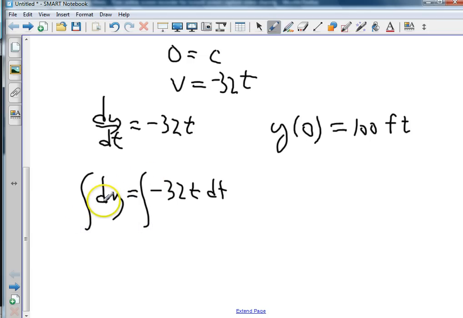And the antiderivative of the derivative, that cancels. What do you get? y equals. What's the antiderivative of t dt? t squared over 2. So negative 32 t squared over 2 is really negative 16 t squared, plus another constant.